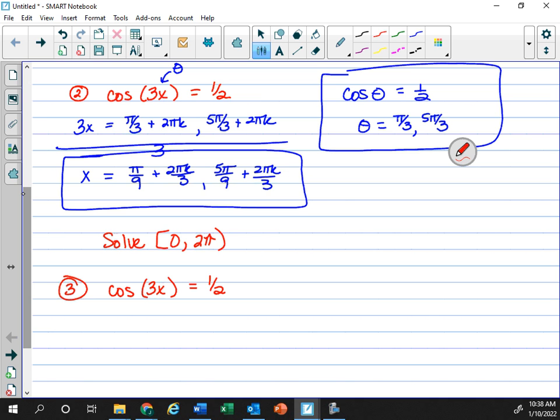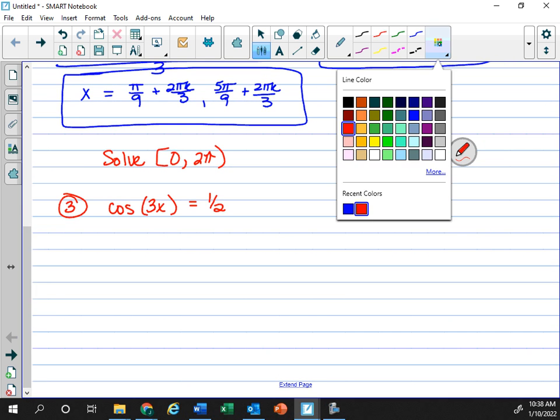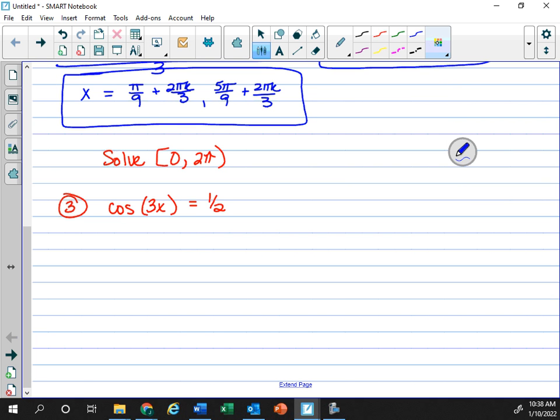We just did cosine of 3x equals 1/2. But all solutions is different than 0 to 2 pi. Okay, you start the same way. And I know we just did this, but we're going to do it again. So cosine theta equals 1/2. We know that's pi over 3 and 5 pi over 3.